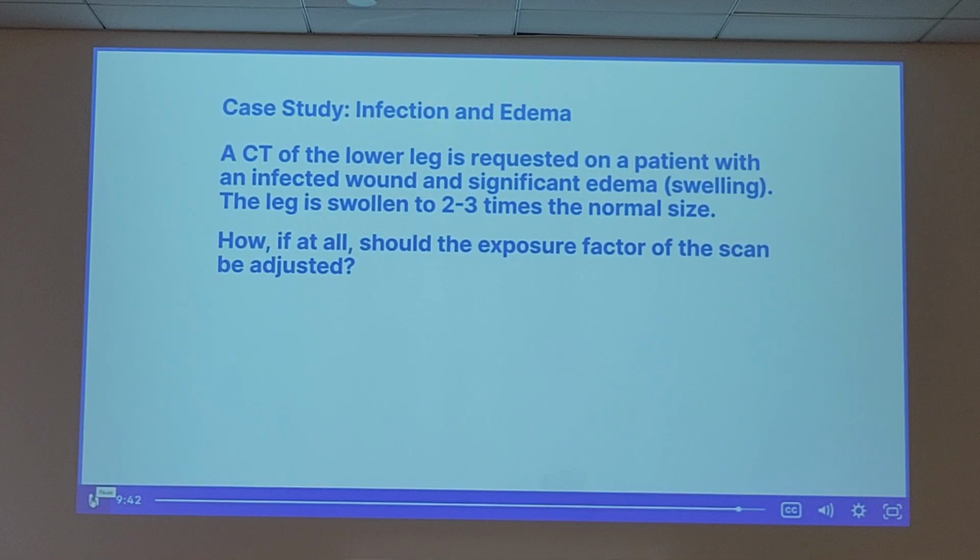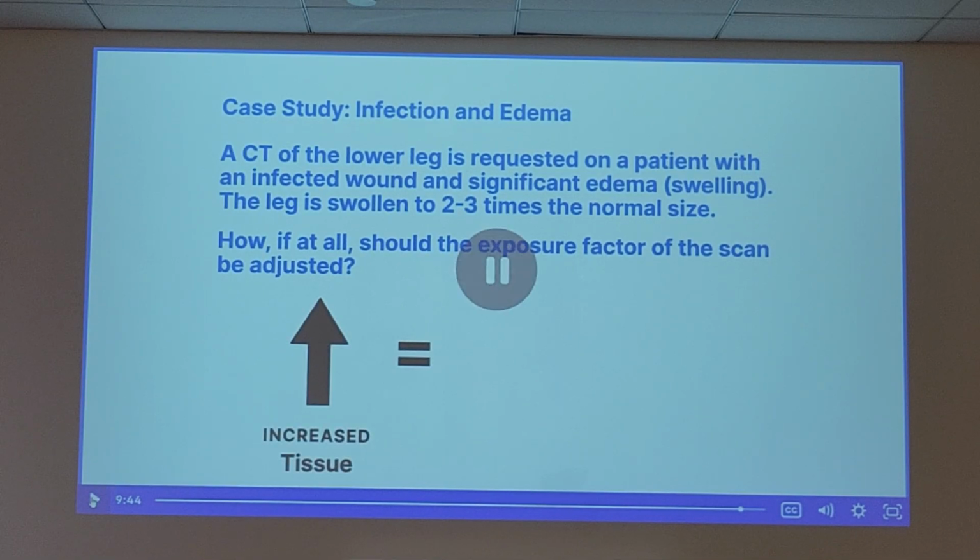If we're dealing with an increased amount of tissue, walk me through, guys. Increased amount of tissue, swelling. Do we need to penetrate more? Yes. Because the tissue density is now more, right? Okay.